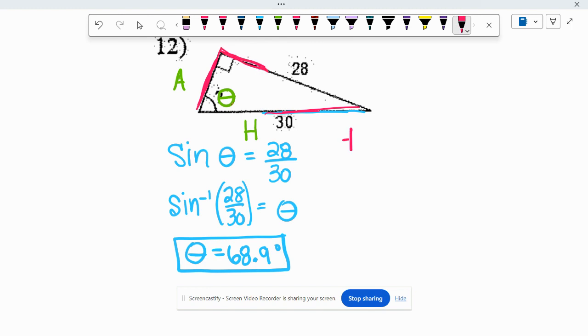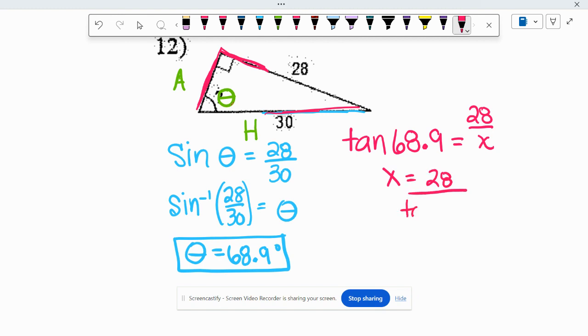So the tangent of 68.9 equals the opposite over the adjacent. Aaron, how do I get x out of the denominator? X equals 28 divided by tangent 68.9. Awesome. Do it up. X equals 28 divided by the tangent of 68.9.